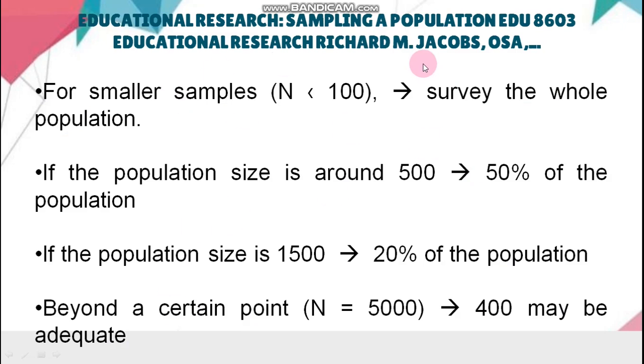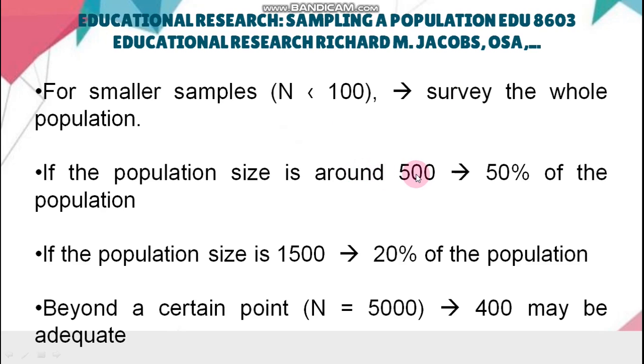Based on general perception, if the population is less than 100, the researcher has to follow survey method instead of sampling. Survey method means he has to collect information from all the population.